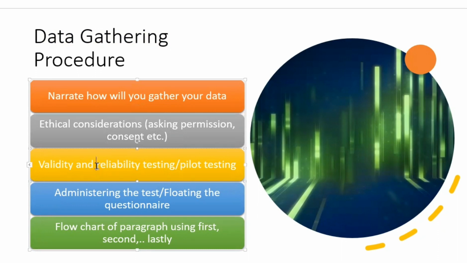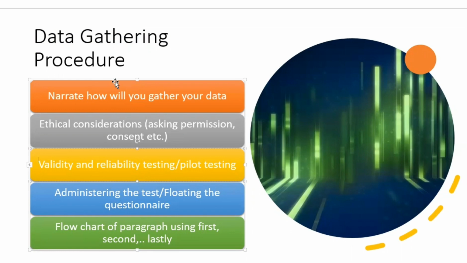Also, from your research instrument of having that data gathering procedure, it should be valid, reliable, on the pilot testing, as well as administering the test, floating the questionnaire, flowchart of paragraphs using first, second, and lastly. Okay?